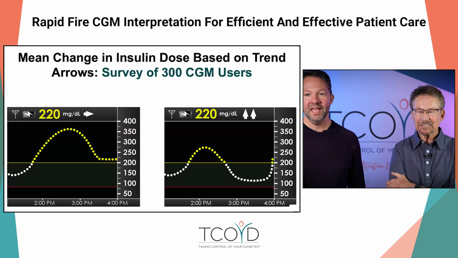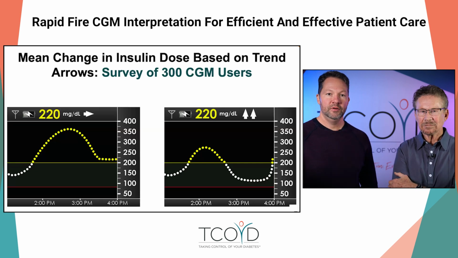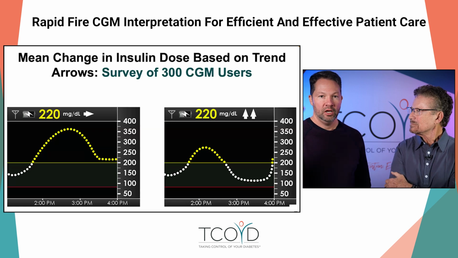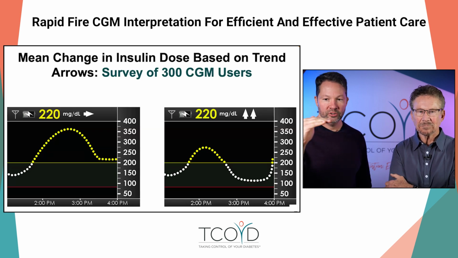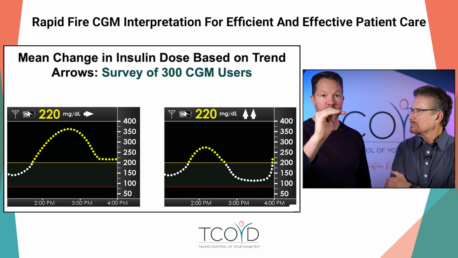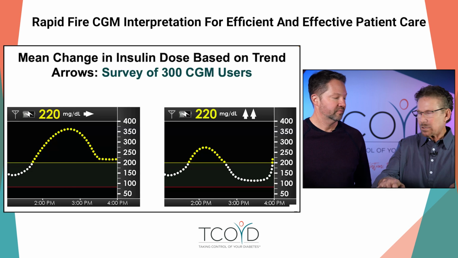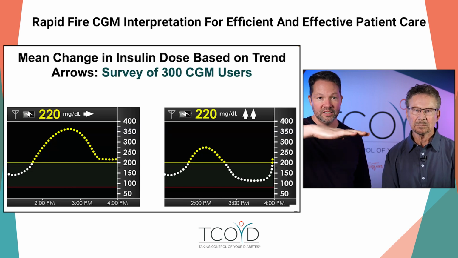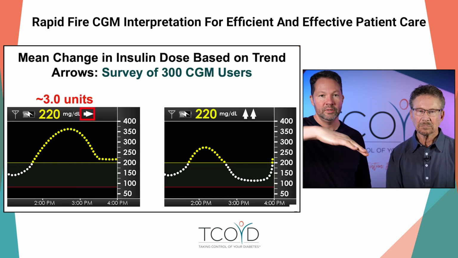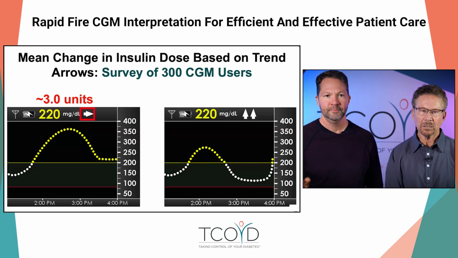We actually showed them pictures and gave them scenarios. If your blood sugar was 220, your blood sugars were flat, you haven't eaten or taken any insulin in a while, you just wanted to correct, and you're not going to be exercising, how much would you take to bring your blood sugar down to 120?